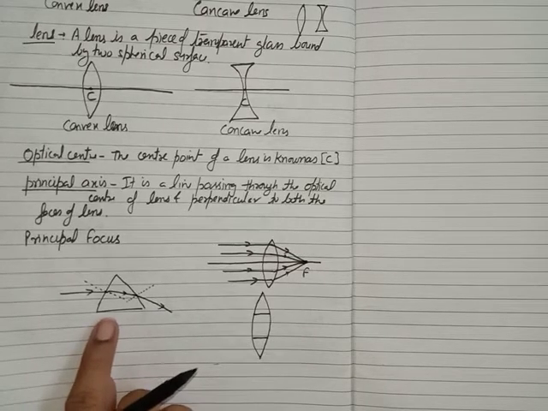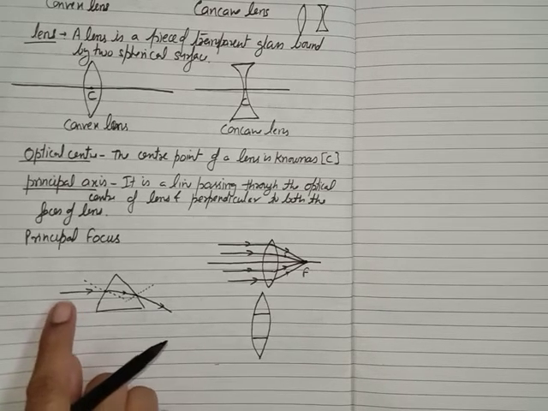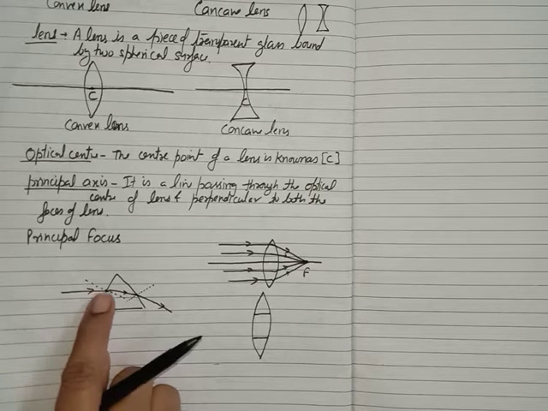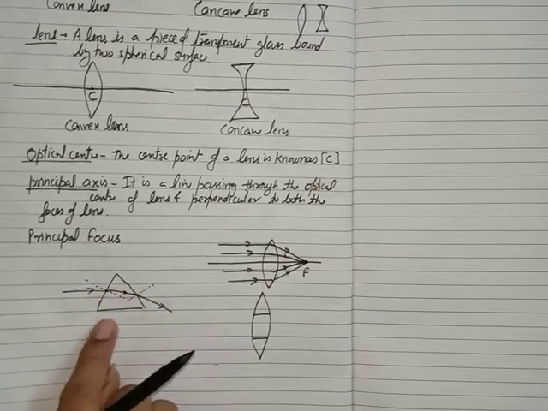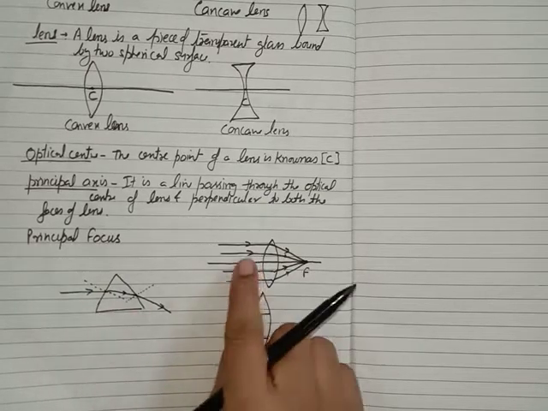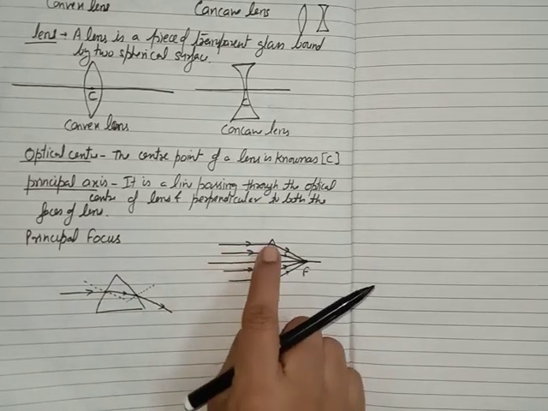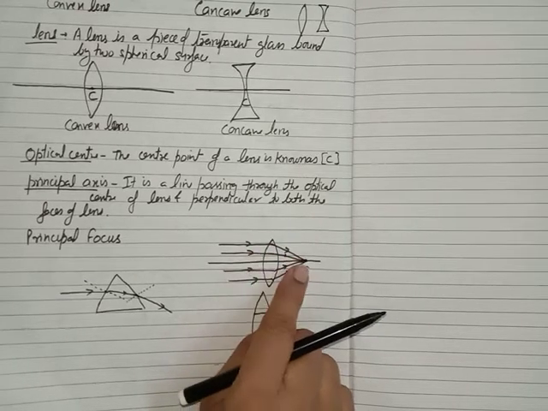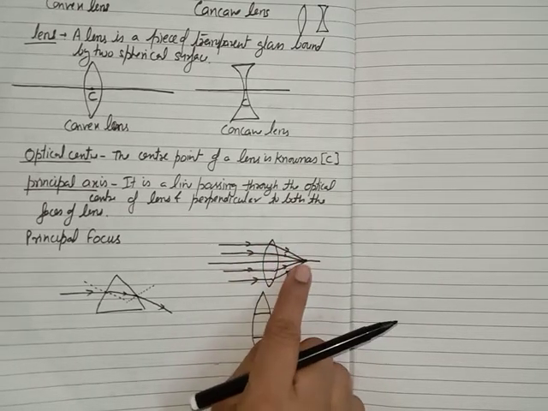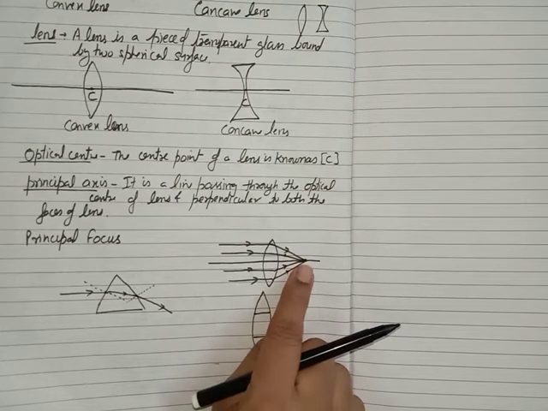So the light coming like this is bent towards the base when it passes through this part of the lens. That's why when this light is coming towards the lens, it bends towards the principal axis, and they meet at a single point, called the principal focus.